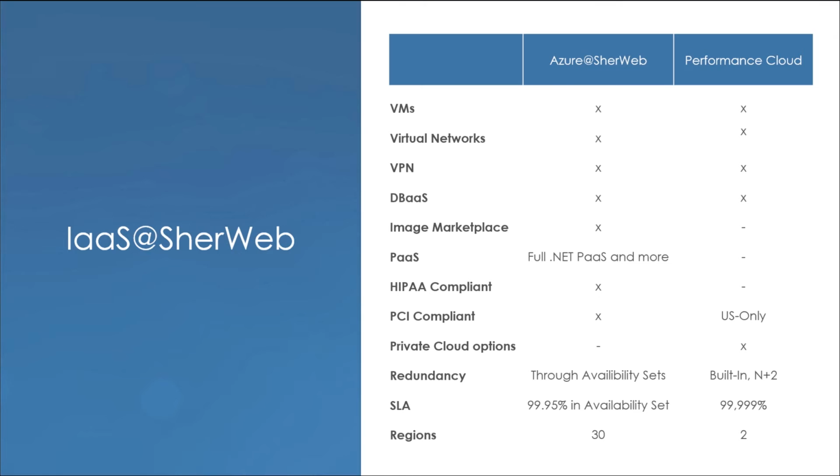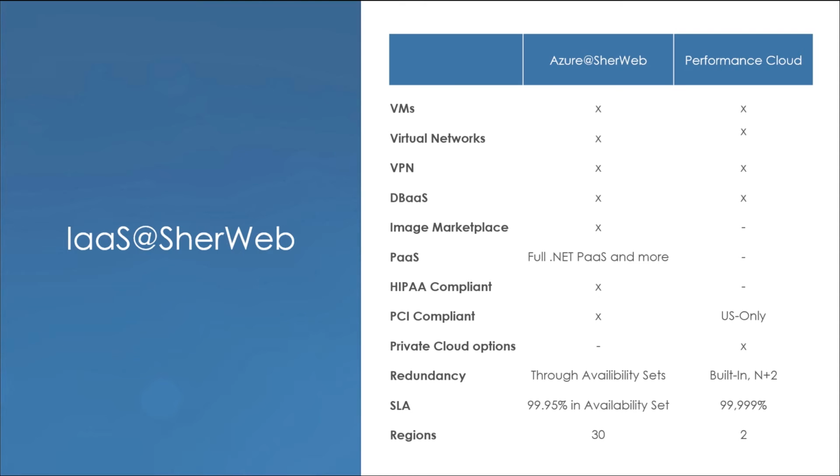If you're looking for a data center in Singapore, then by all means, you really should consider Azure. It is not on our short-term roadmap. We offer Canada, with multiple data centers in Canada, and we offer the United States with multiple data centers in the United States. Azure is now up to 30. The last time I did this slide, there might be new ones because there are new regions all the time.